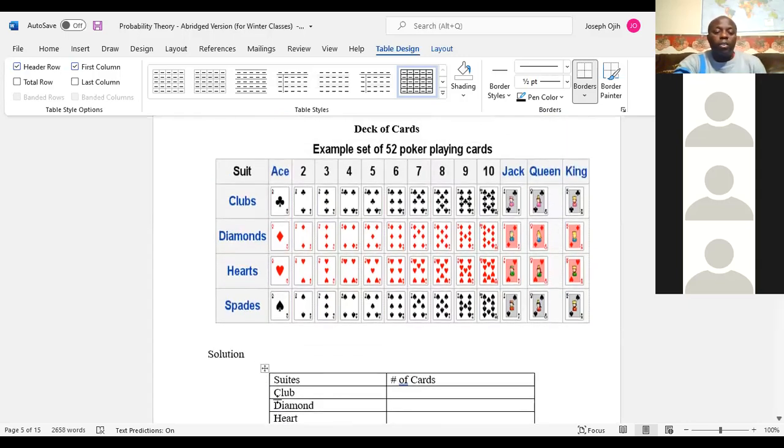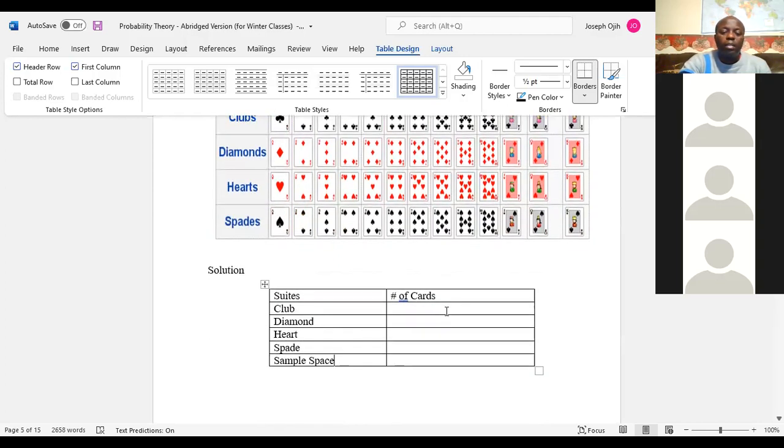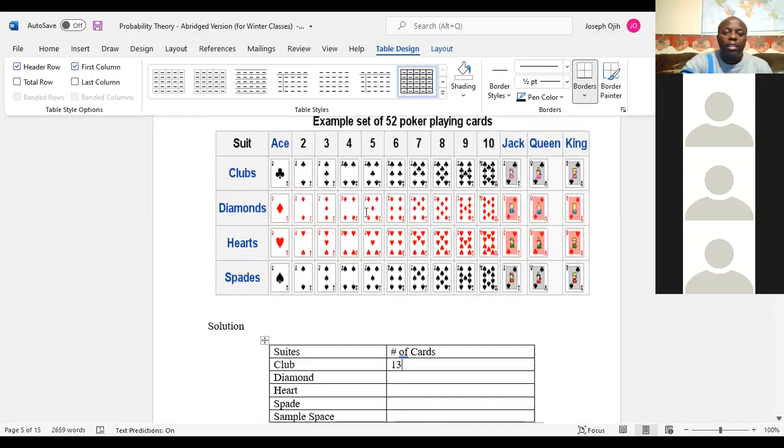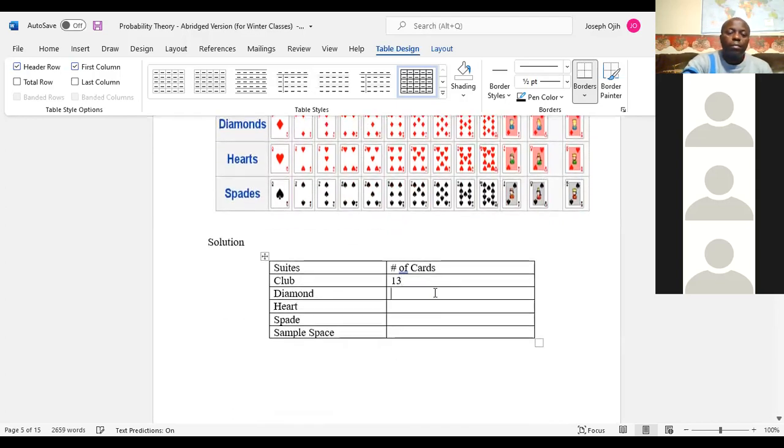For a club, how many cards? 1, 2, 3, 4, 5, 6, 7, 8, 9, 10, 11, 12, 13. So 13 cards in that suit. Diamond is 13 as well. Heart is also 13. Then spade is also 13.